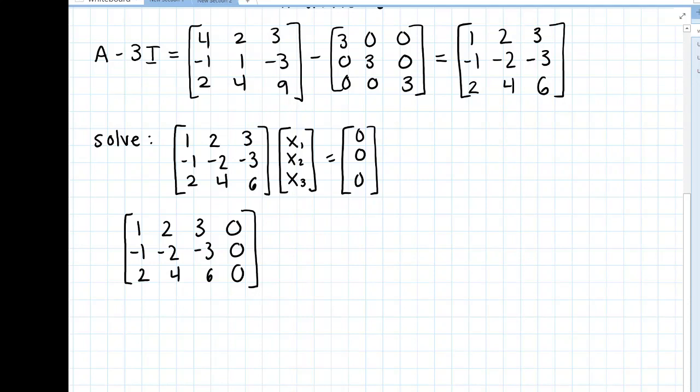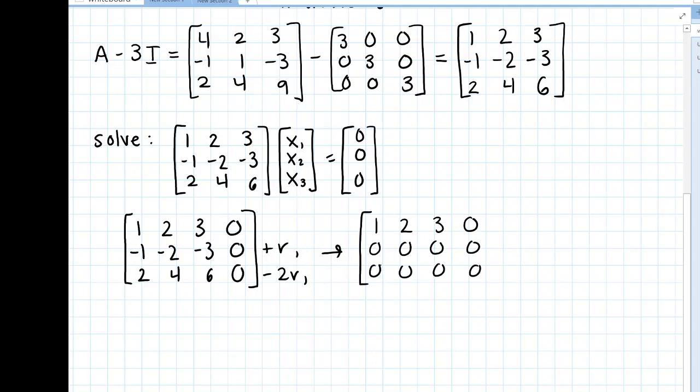So for example, we could add one copy of the first row to the second row, and we could subtract 2 copies of the first row from the bottom row, and that would give us 1, 2, 3, 0, 0, 0, 0, 0, 0, 0, 0, 0.